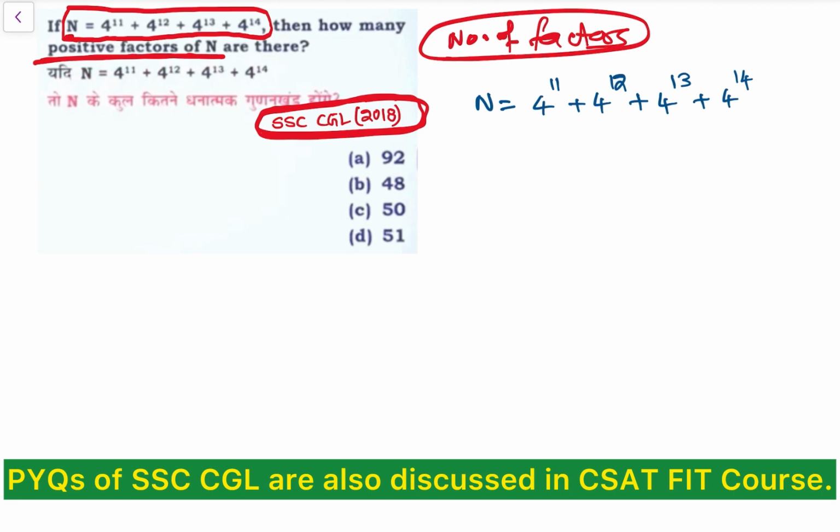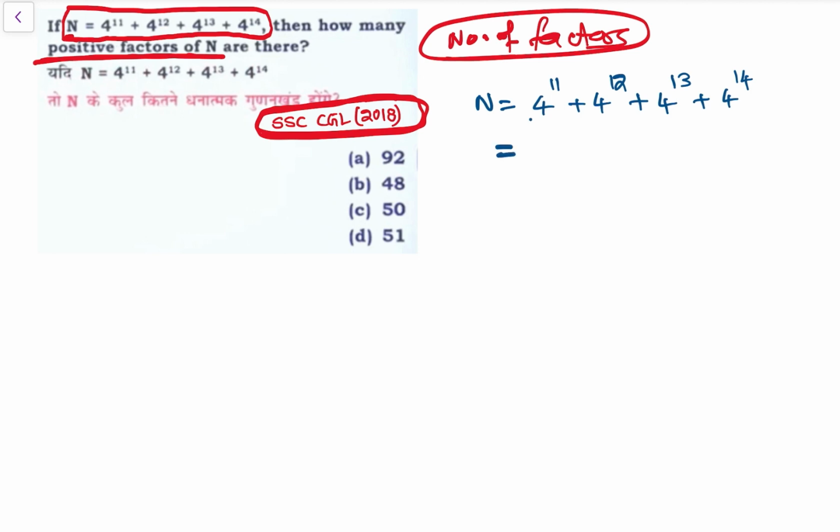See, we can take 4 to the power 11 common from all these numbers. That is 4 to the power 11 into, taking 4 to the power 11 common, 1 here, plus 4 to the power 12 minus 11, so 4 to the power 1 will be left, plus here 4 to the power 2 will be left, plus here 4 to the power 3 will be left.